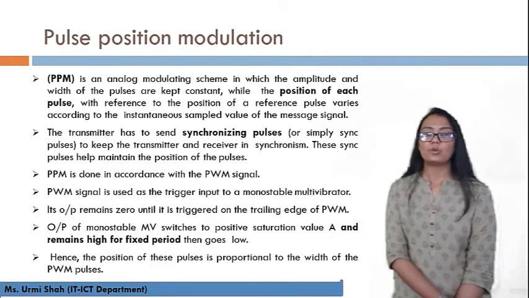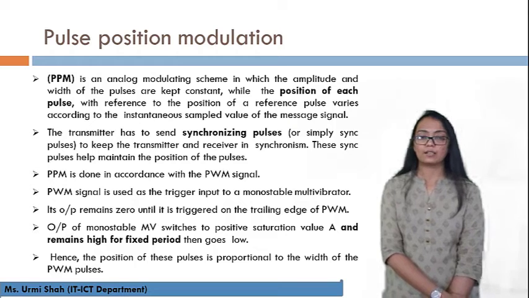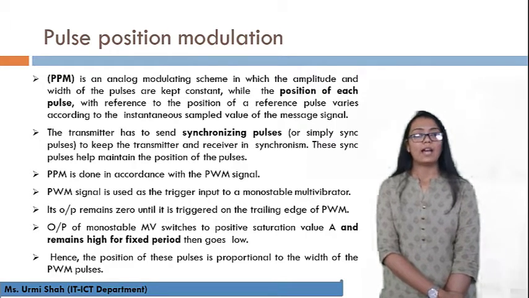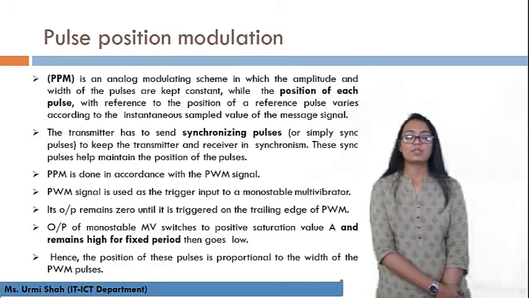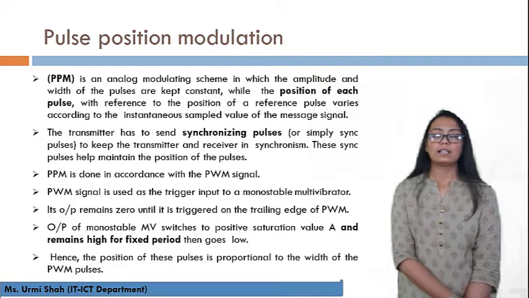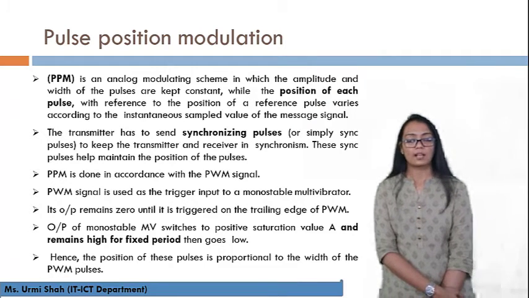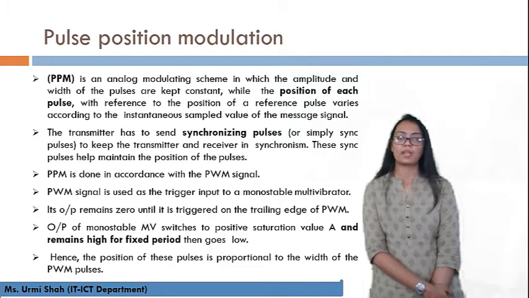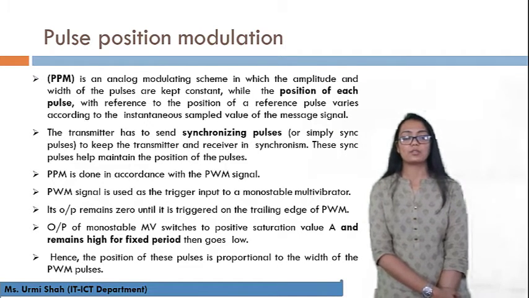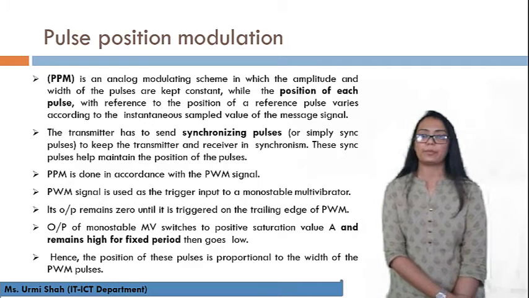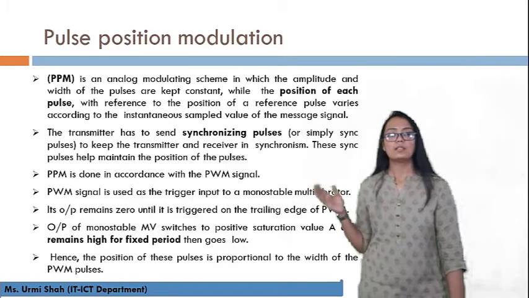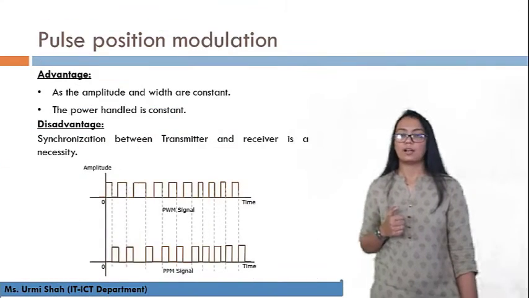The output of the monostable multivibrator switches to the positive saturation value A, and remains high for some specific fixed period of time until it goes low, or goes to 0. Hence, the position of the pulses is in proportion to the width of the PWM signal pulses. So this way the PPM modulation occurs.